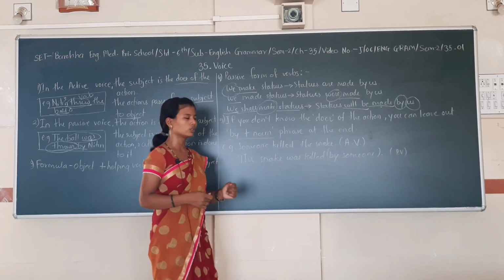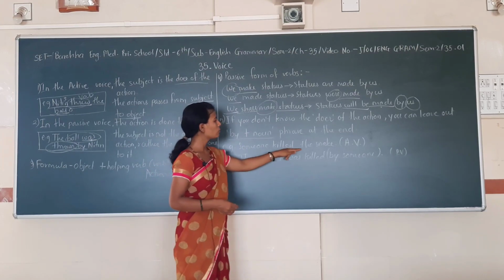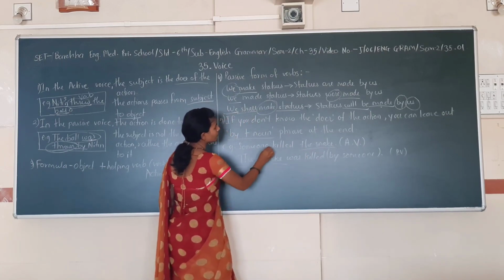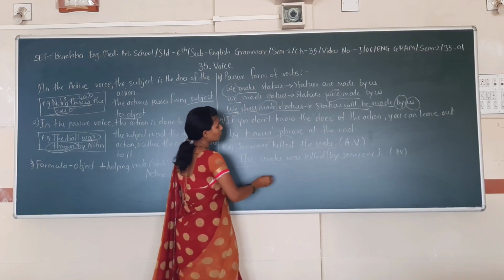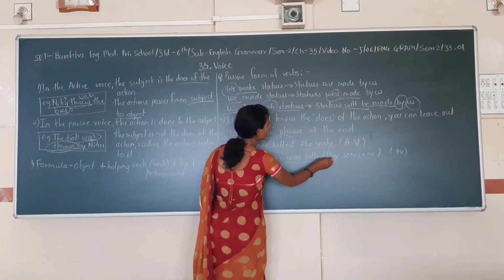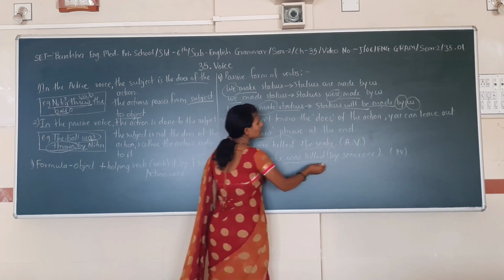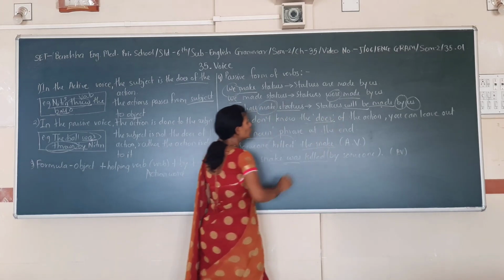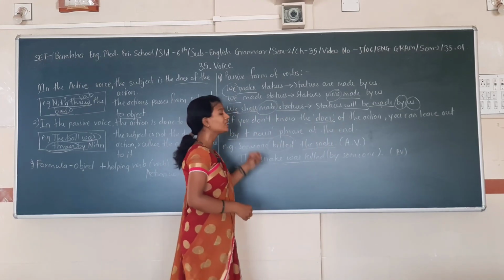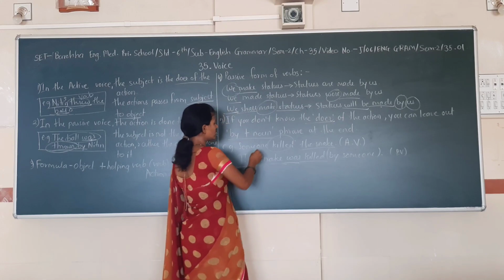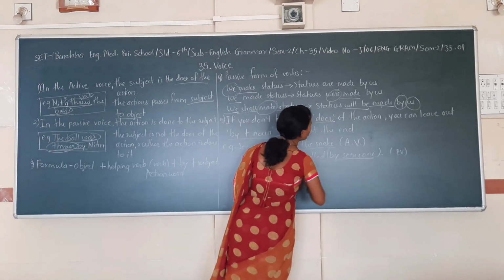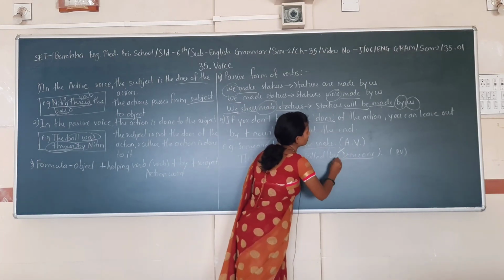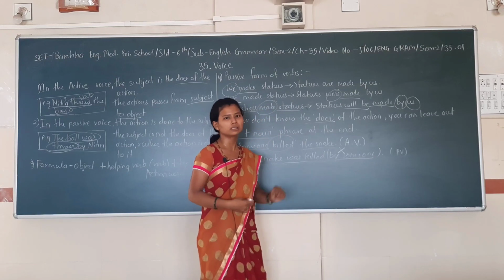This is the active voice. In passive voice, first you have to use the object. The snake is the object. Killed means it is in past tense, so you have to use was and then killed by someone. But in this sentence you don't know who is the doer of the action, who did this action. Yes, it is written by someone, but you don't know who that someone is. So it is okay to not use by someone in this sentence.